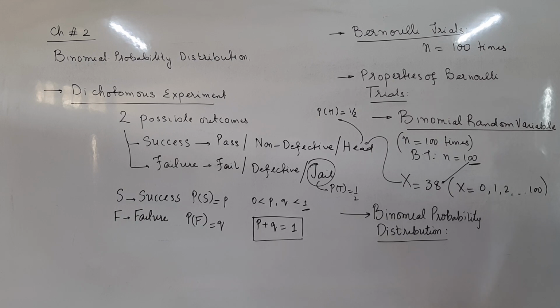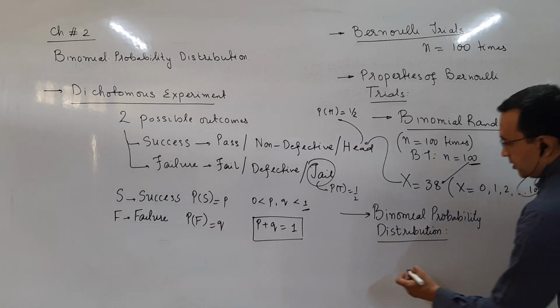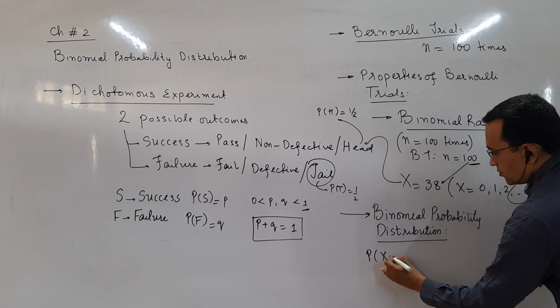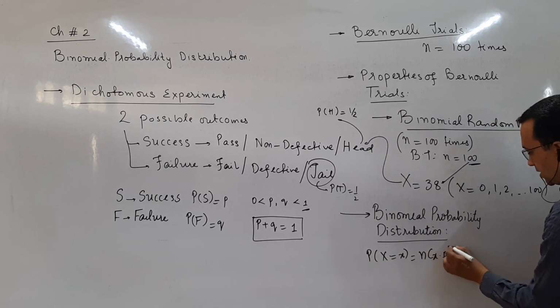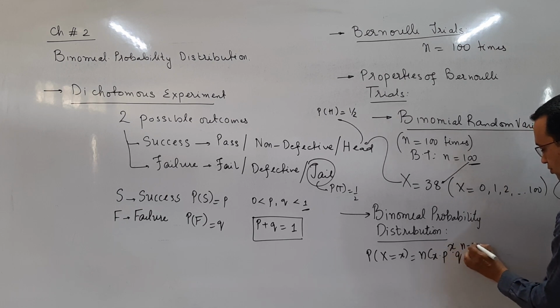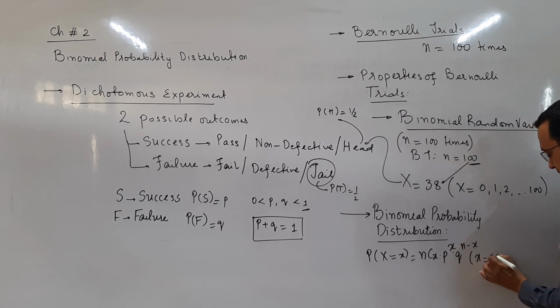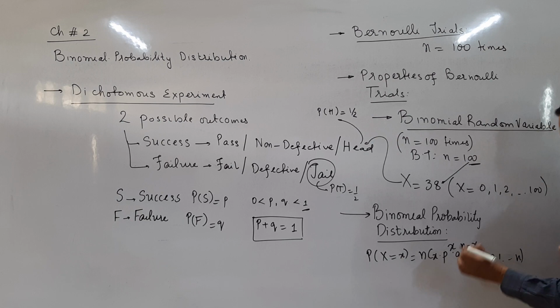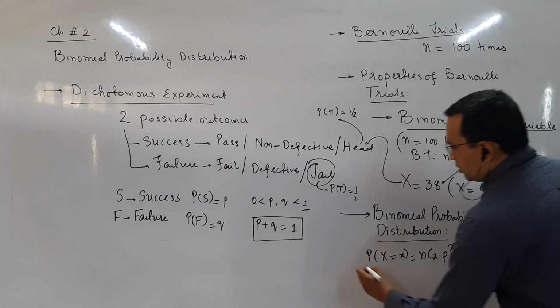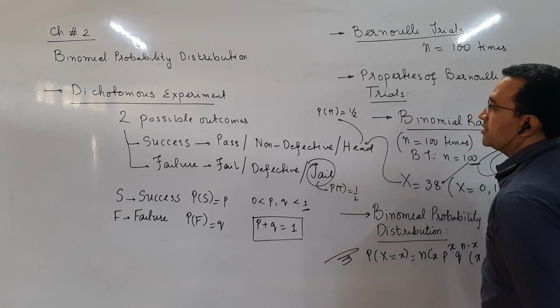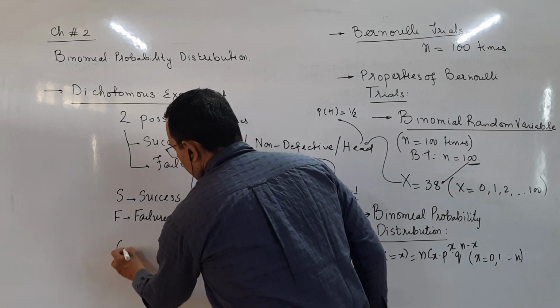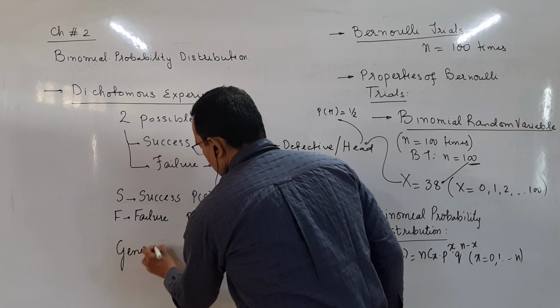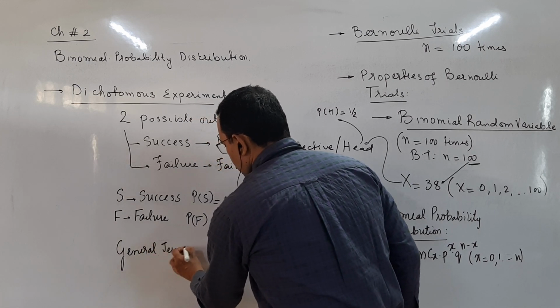And the formula for binomial probability distribution is this, students. We have studied the binomial theorem. So nCx p raised to x q raised to n minus x, where x can assume any value from 0 to n. This formula we have to memorize. This is derived from the general term formula. If you remember in the binomial theorem, we have written a general term formula.